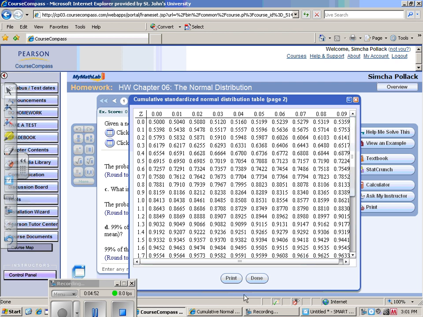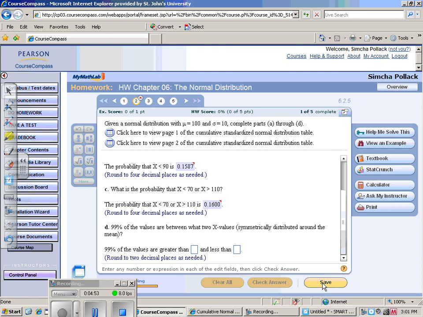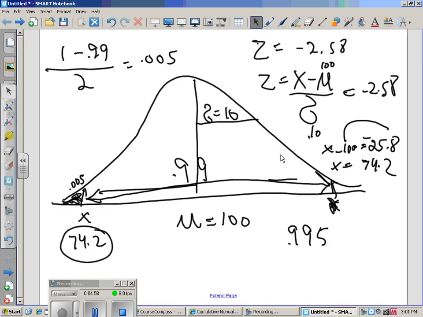So we can put down that 2.58 equals z, which is x minus mu over sigma.